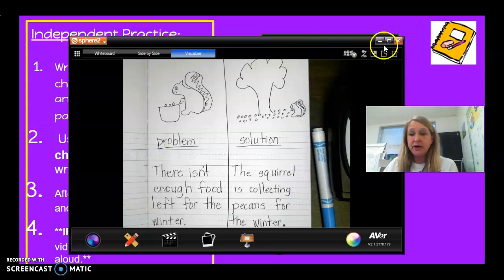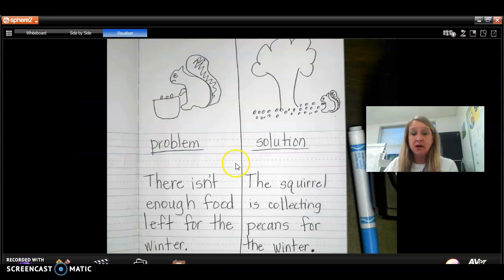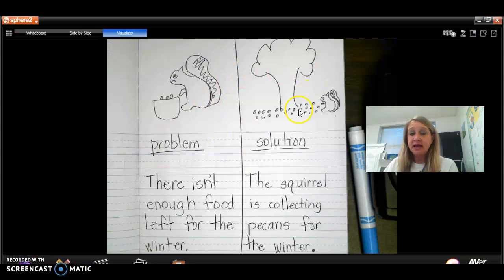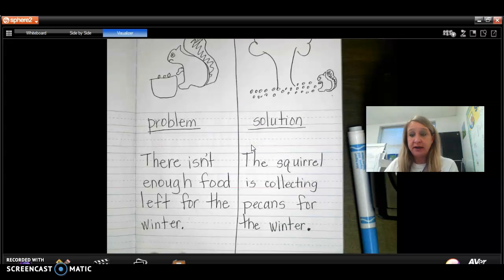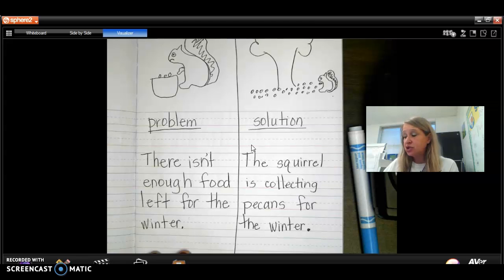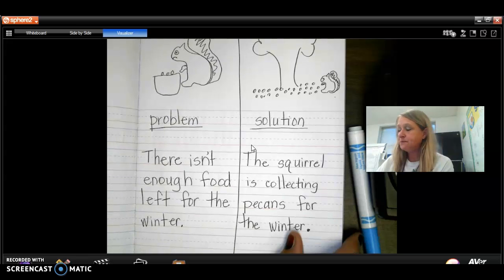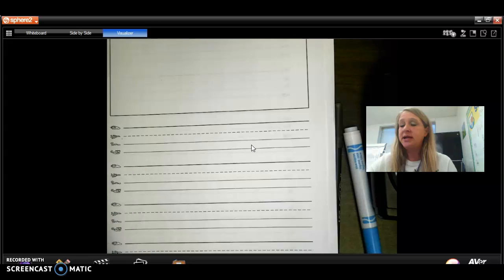So remember, my character was the squirrel and the setting was he lived in a tree. Okay, and the problem that he had was there wasn't enough food left for the winter, so his solution was to collect pecans for the winter so that he would have enough food saved up. All right, so now we're ready to start writing.